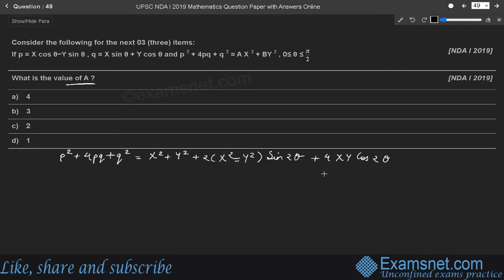We have found this in the previous question. And this is the given equation which is in the question. So let this be equation number 1 and let this be equation number 2.